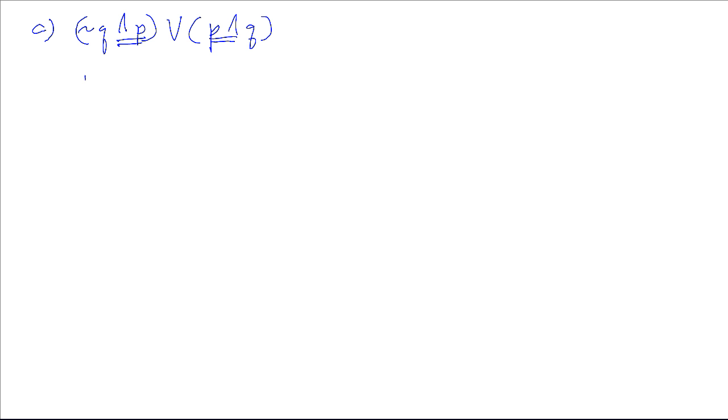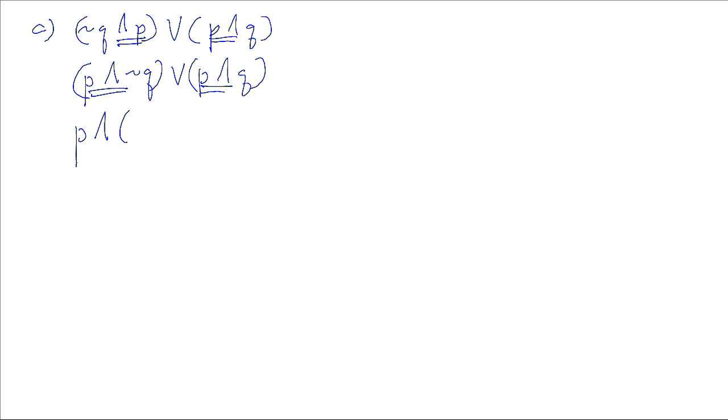So I'll go ahead and commute the first and statement like that. And then I've got the P ands written so that I can factor them out, not Q or Q. And now I have P and now this is a tautology.